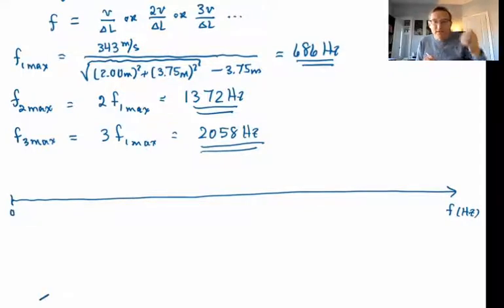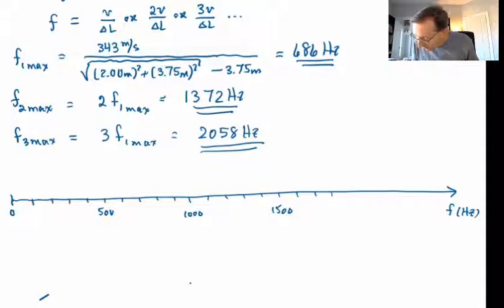I'll do tick marks off in 100 hertz intervals. 100, 1,000, 1,500, 2,000, and so forth. Okay? Let's mark some of these important frequencies on this number line.